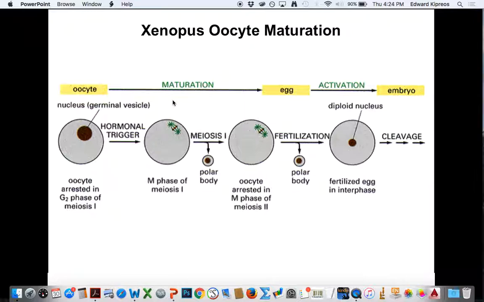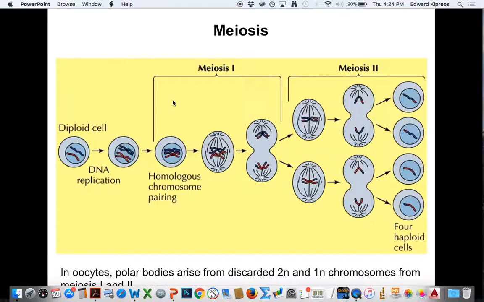Okay? But before we do that, let's take a little side step and figure out why this is actually happening. Why are they throwing out polar bodies? Basically, they're going through here, and they threw off half the DNA here, and they're only left with half. This is all gone now. And then they're only left with half the DNA, and they threw out that half too.